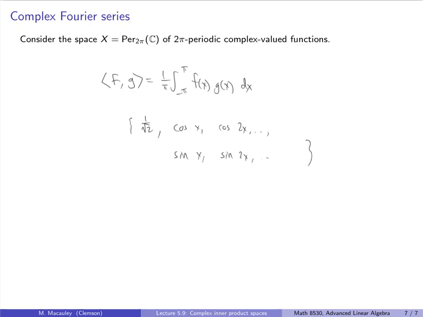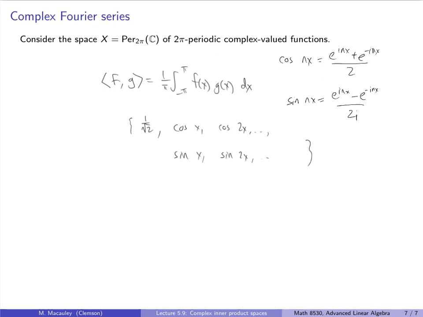kind of an artifact of the fact that we are using sines and cosines instead of the much more natural complex exponential. So recall that cosine of nx is e to the i nx plus e to the minus i nx over 2, and sine of nx equals e to the i nx minus e to the minus i nx over 2i.